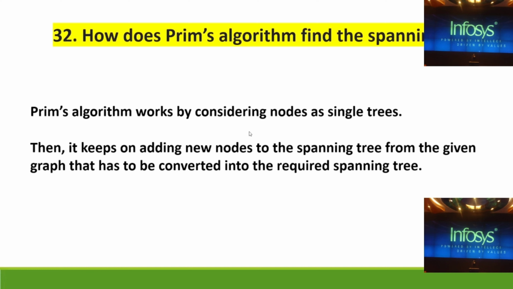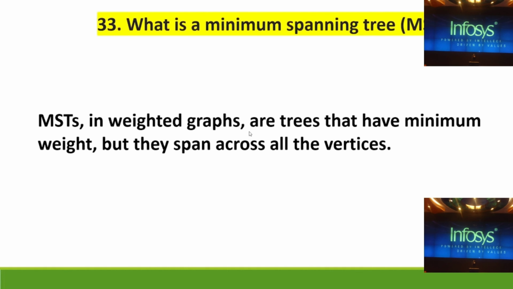Then it keeps adding new nodes to the spanning tree. So given a spanning tree, Prim's algorithm adds new nodes and converts it to the required spanning tree. So that is Prim's algorithm to find the spanning tree.